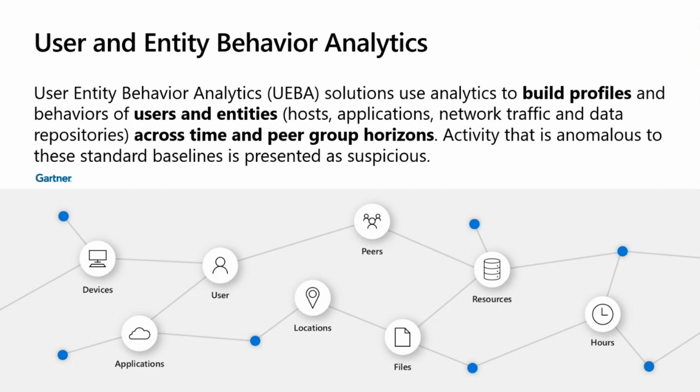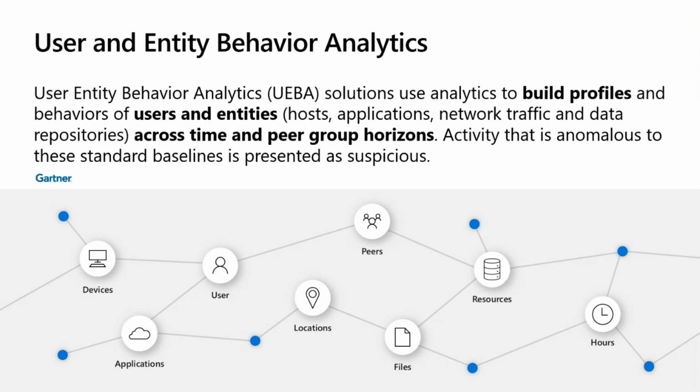UEBA's goal is to build a comprehensive profile of the user and entity across time and peer group horizons, which I will demo to you later. So you're probably wondering, how does UEBA build this profile?